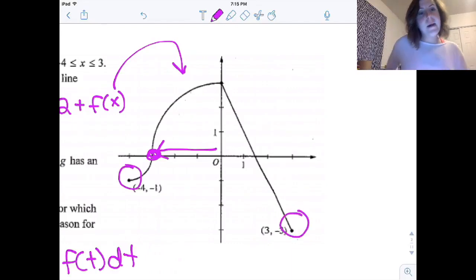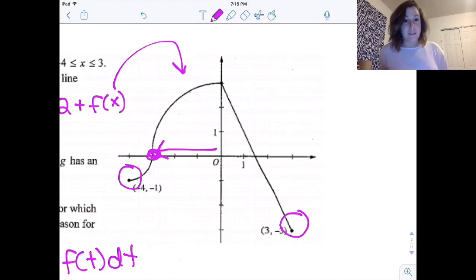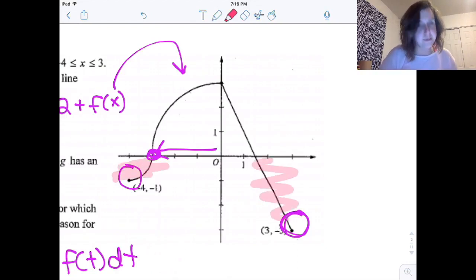And let's think about what's happening here. Here, I see that my function f is negative, and I see that my function is negative here. So in both of these cases, the function f is negative. G is going to be decreasing going to both of those endpoints. So I know to both of my endpoints, G is decreasing.